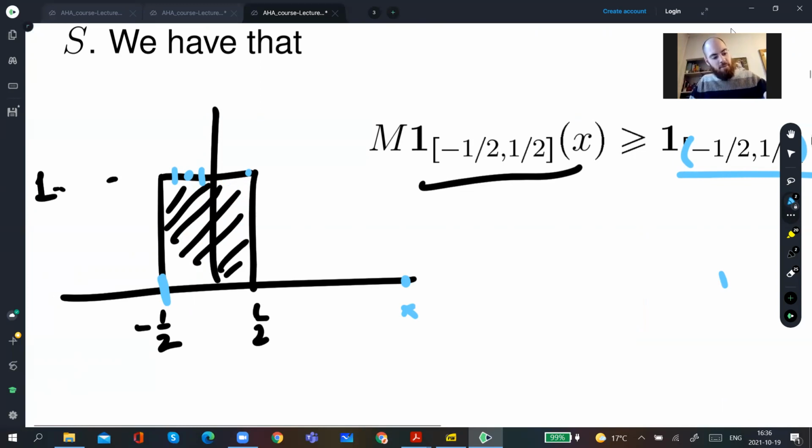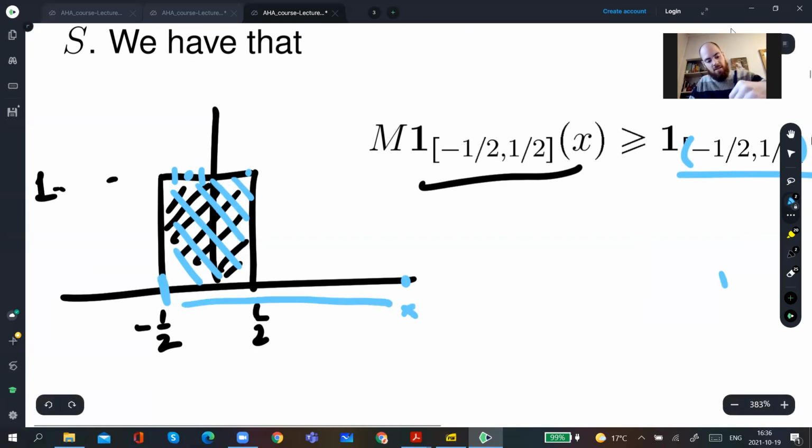And I pick up all of the mass inside of here. That has mass 1 because it's an interval of length 1 and has height 1. And the radius of this is x plus 1/2, because that's minus -1/2.